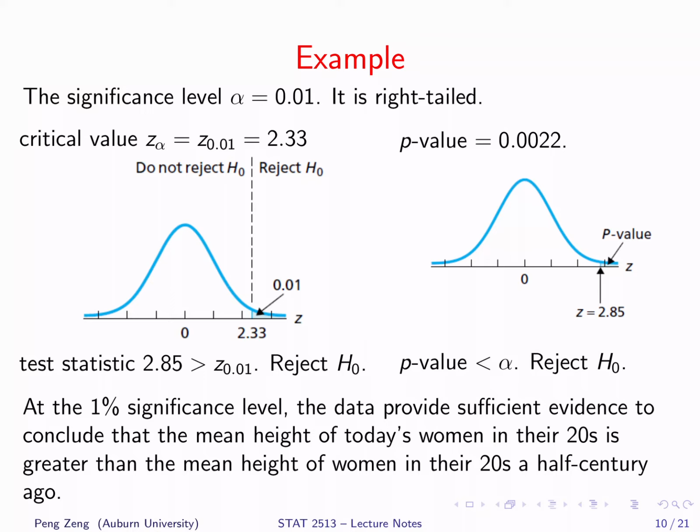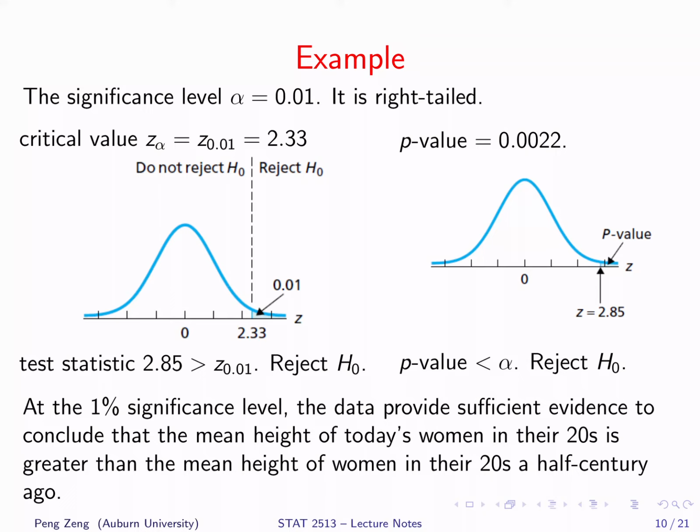Using the critical value approach, we need to find the critical values. Notice that there are different ways to find critical values. This problem is right-tailed, and the critical value lies in the right tail of the normal curve.